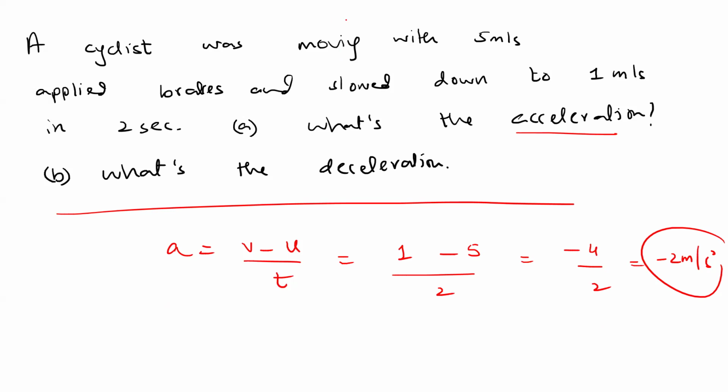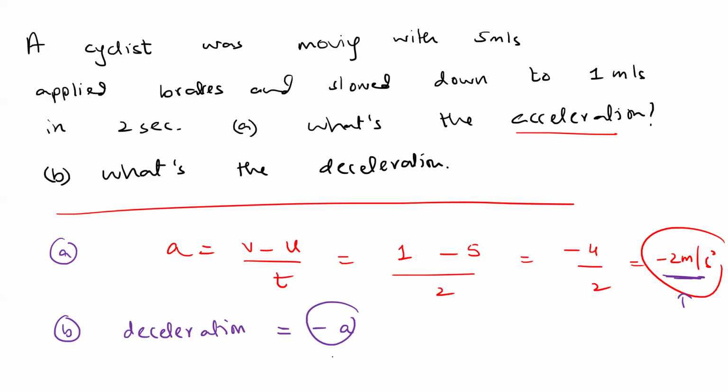Then we have part A, and then we have part B. Part B is basically deceleration. So how do I calculate deceleration? Deceleration is negative acceleration. So we ended up with -2.